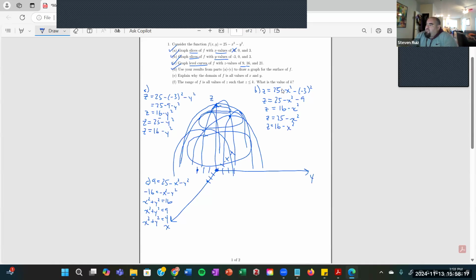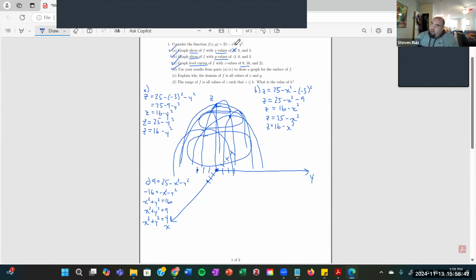All right, part E, explain why the domain of F is all values of x and y. Lots of ways to explain this, but one way is this. When you think about domain, you can think about what values of X and Y you can use that are going to fail to deliver an output. And in this case, what are you doing with X and Y?